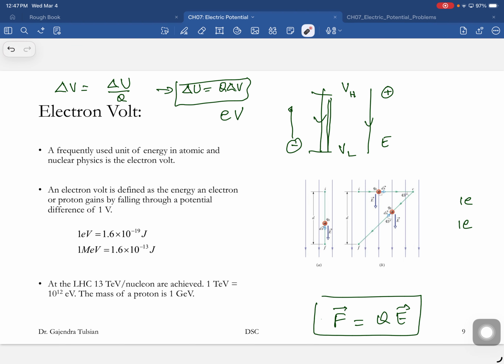That's how much kinetic energy it gains. So this is a unit of energy. When a charge of 1e falls through 1 volt, that's the potential energy it loses. So 1 eV is a unit of energy, and that's equal to 1.6 times 10 to the minus 19 joules.